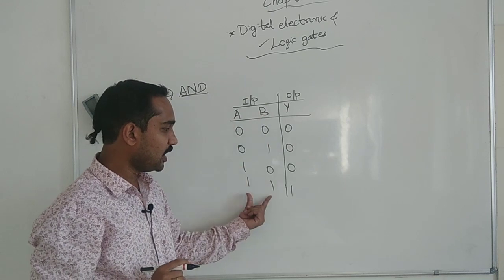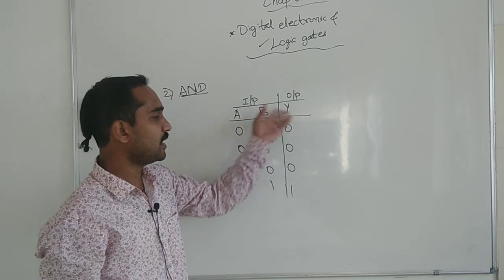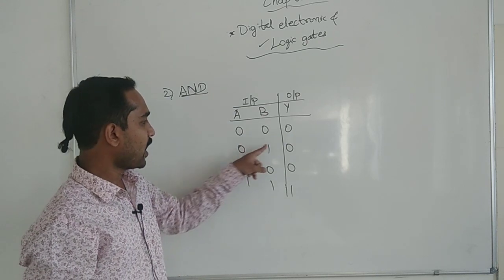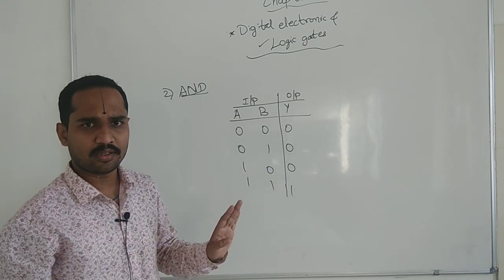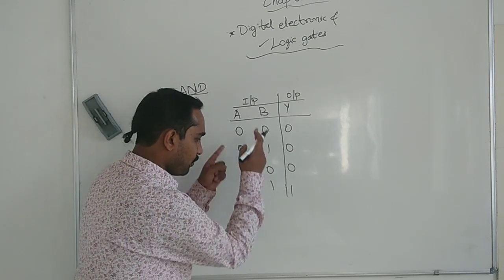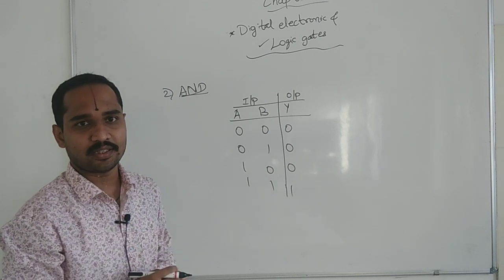Only if both the inputs are high, the output is high. Otherwise, it is low. If only one input is high, the output will not be high. That is the AND gate.